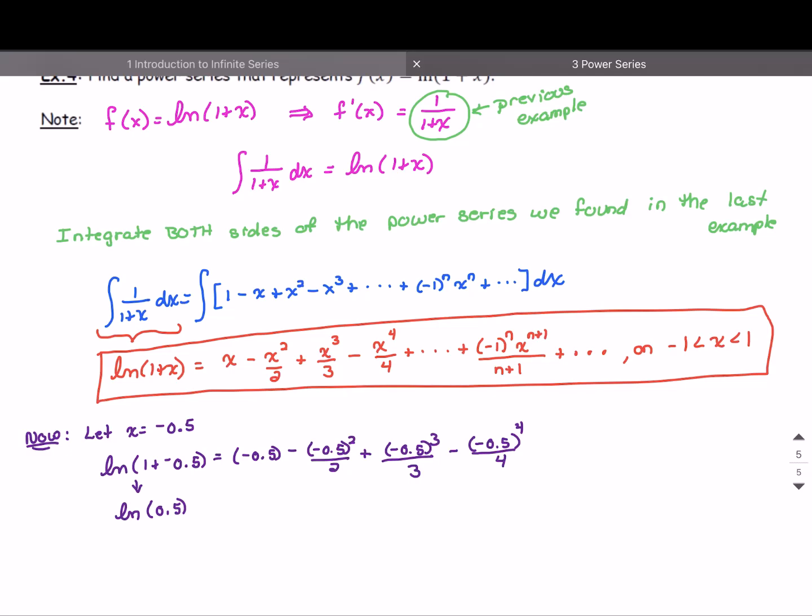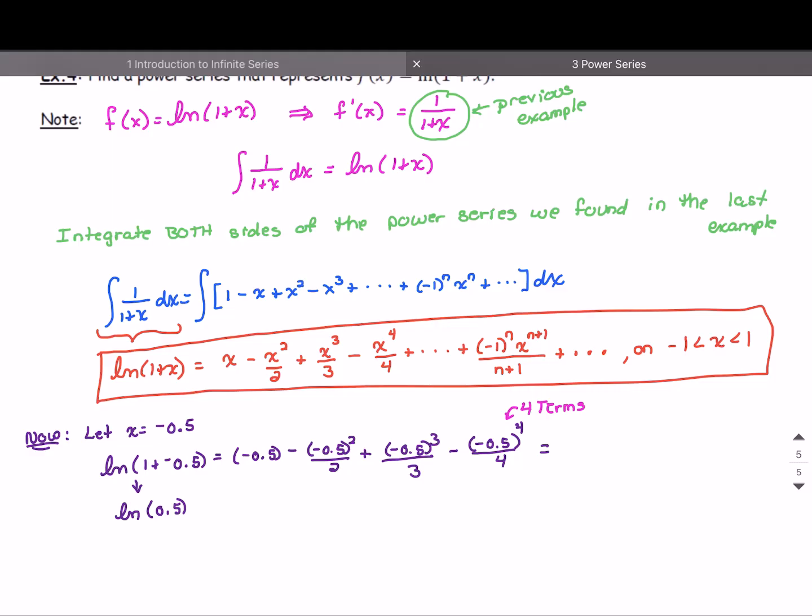Let's just do 4 terms. I know it can go on forever, but we're only going to do 4 terms. And then we can go to our calculator and try to put this in.